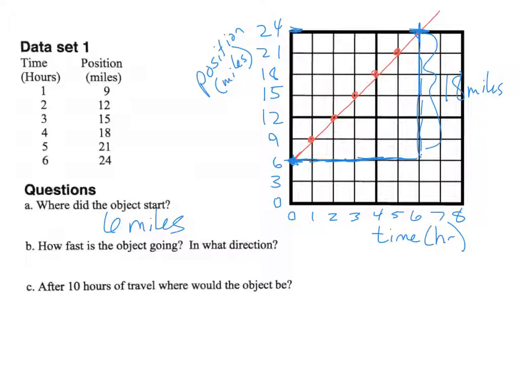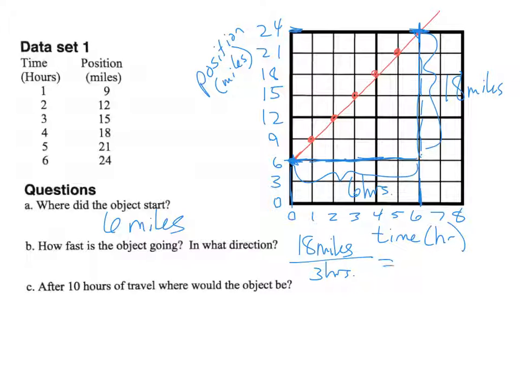My run starts at 0 and goes to 6. That is a run of 6 hours. So, apparently, whatever this thing is, has gone 18 miles in 3 hours.